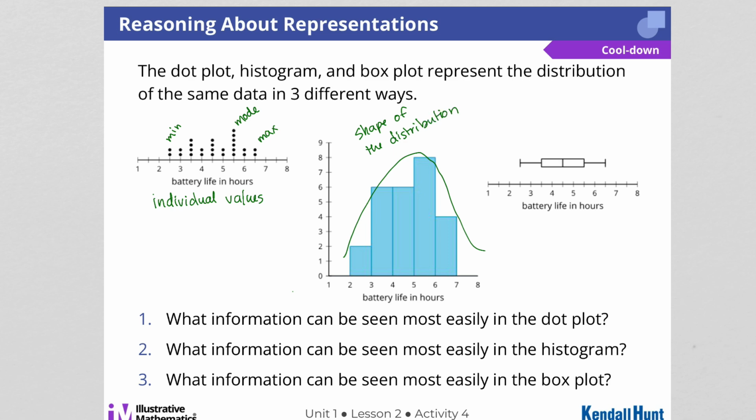What information can we see in a box plot? Of course, we have our 5-number summary. So we have the minimum, Q1, the median, Q3, and the maximum.